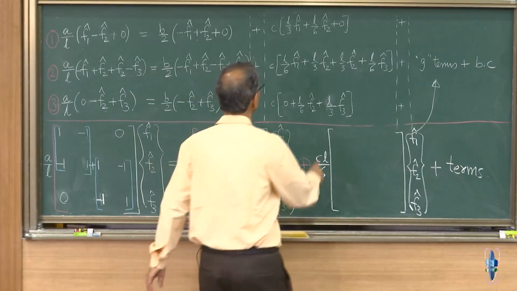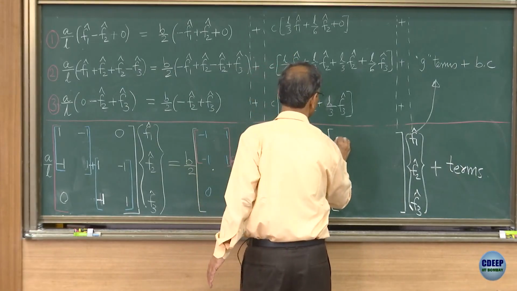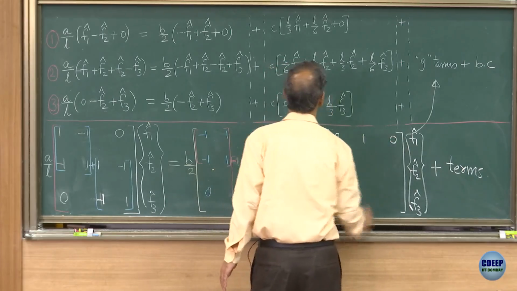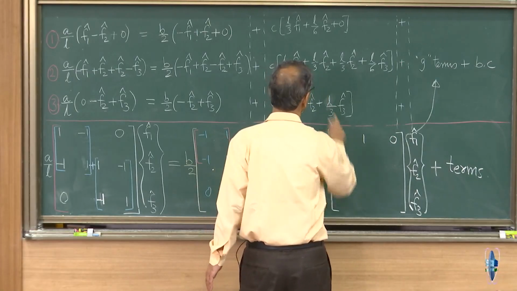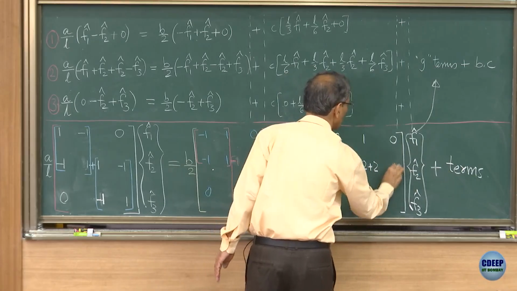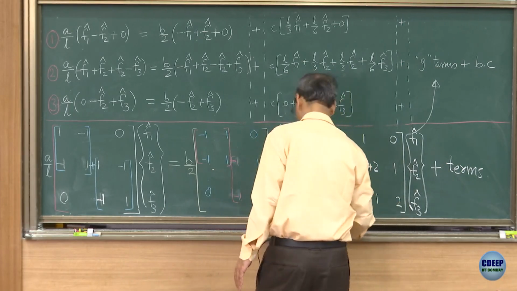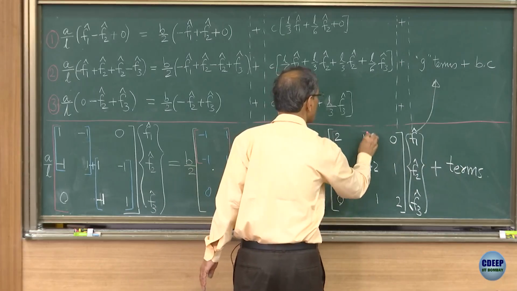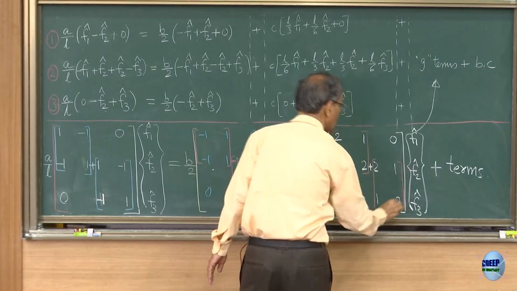C times CL by 6, so 2 times 1, 0, 1, 2 plus 2, 4, so 2 plus 2, 1, 0, 1, 2. Okay.